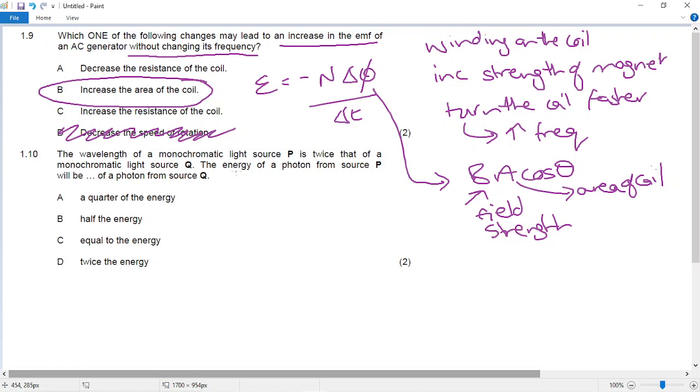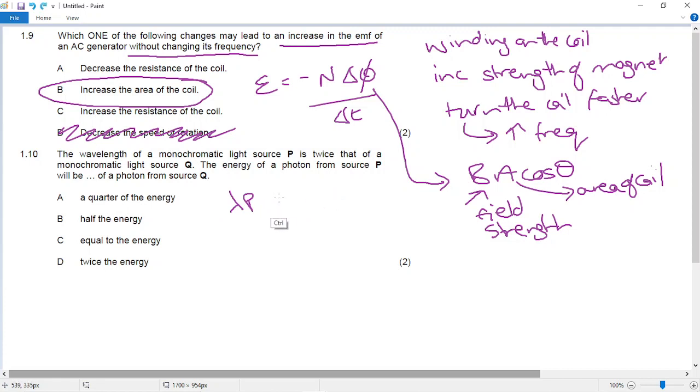And then 1.10, the wavelength of a monochromatic light source P, so lambda P is twice that of lambda Q. Am I writing this the right way? Okay, let me do this quickly.